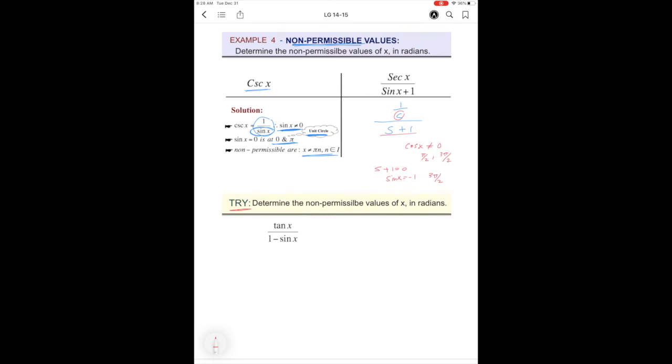And let's try this one. You guys can have a go, and you can pause it and then check the answer with mine.